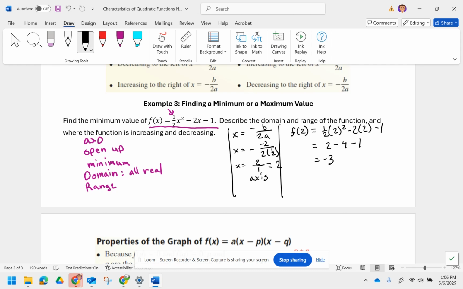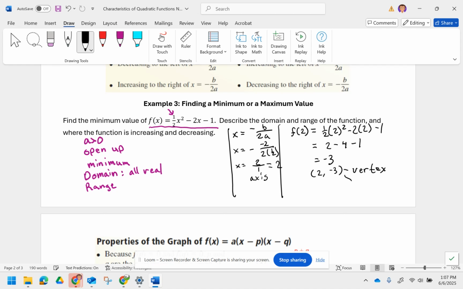Okay, so we know that the vertex happens at 2, negative 3. Whoa, what just... So our vertex is at 2, negative 3.